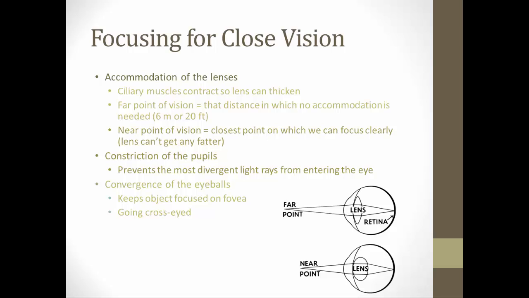Other ways that help to focus on close objects include constriction of the pupils. If we constrict the pupils, then you have a more focused light, getting rid of the divergent light rays that may be entering the eye and causing problems. And also, of course, convergence of your eyeballs, that is, keeping both eyeballs focused on the same object, okay?